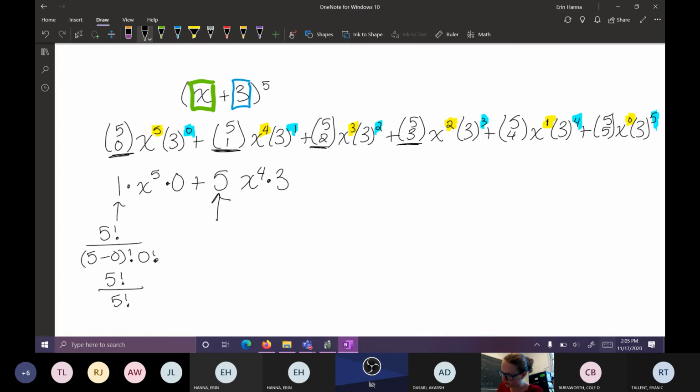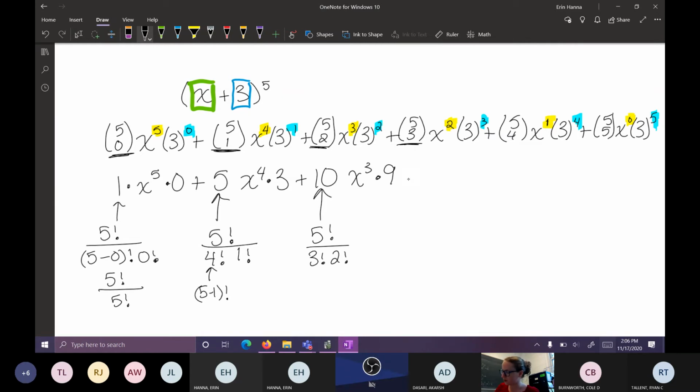This would be from 5 factorial over 4 factorial times 1 factorial, where that comes from 5 minus 1 all factorial. And then we have 5 choose 2, so 5 factorial over 3 factorial times 2 factorial. So 5 times 4 divided by 2. x to the third times 9, so 3 squared.